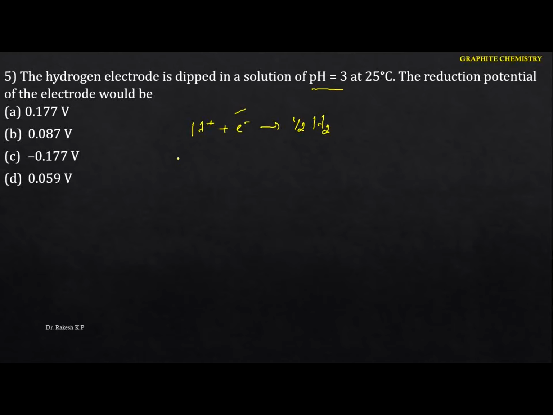Let me write the Nernst equation: E cell equals E naught cell minus 0.0591 divided by n into log. On the product side, what you have is the gas, and I'm going to take it as 1, because at these conditions the value will be 1. On the reactant side, we have H+ here.